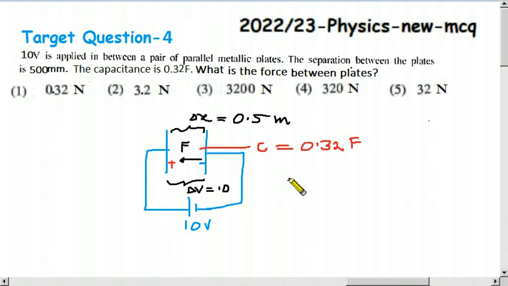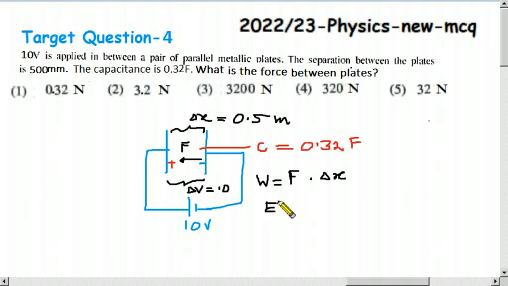Then the same equation: the work done when this charged plate is moving is equal to F times delta x.